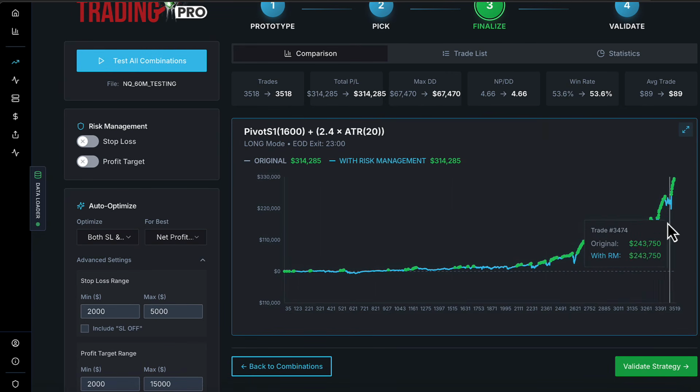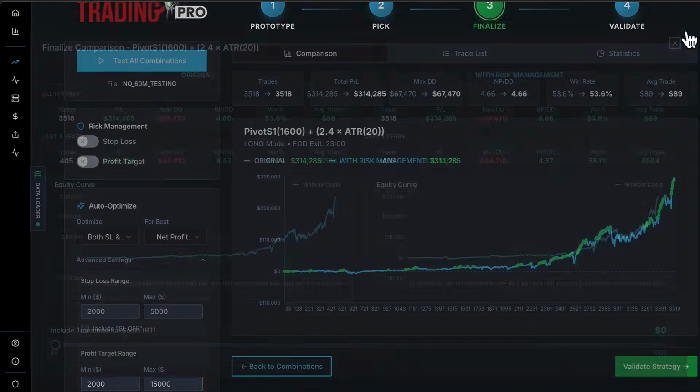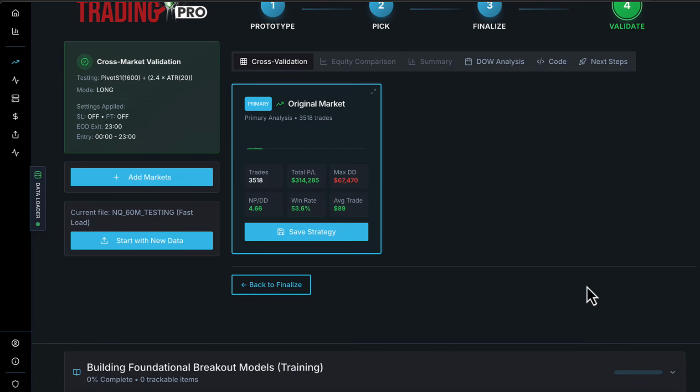So we definitely can build something on pivot points, right? That's the exercise here. Can we build something on pivot points? And let me actually cross-validate now on other indexes.